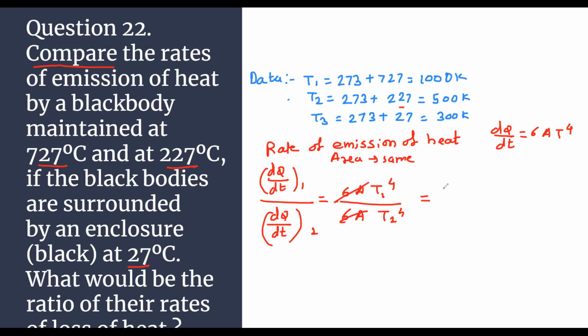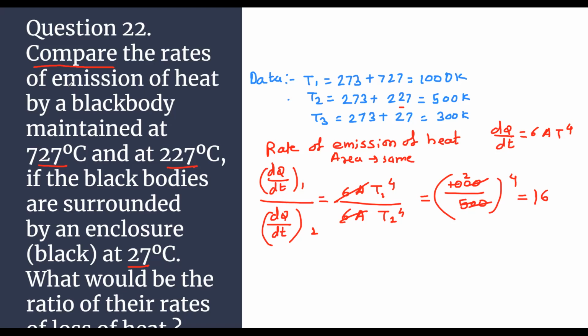So T1 raised to 4, where T1 is 1000 and T2 is 500 raised to 4. That is 2 raised to 4, which is 16. So this is our required answer for this part. Now we are done with the comparison of the rate of emission of heat.